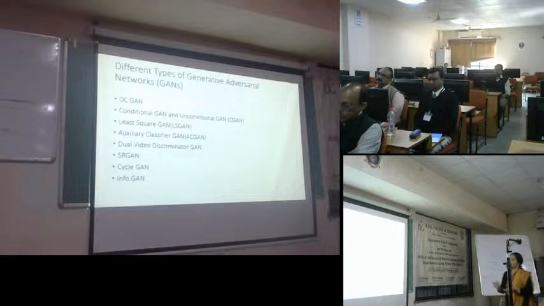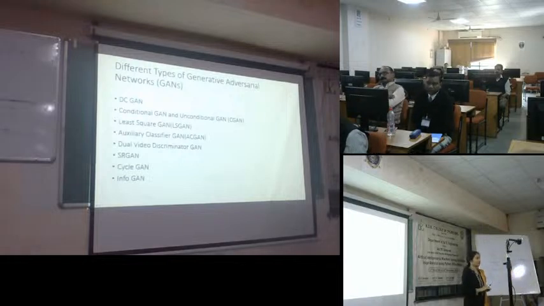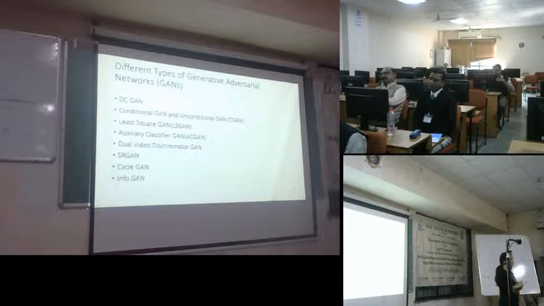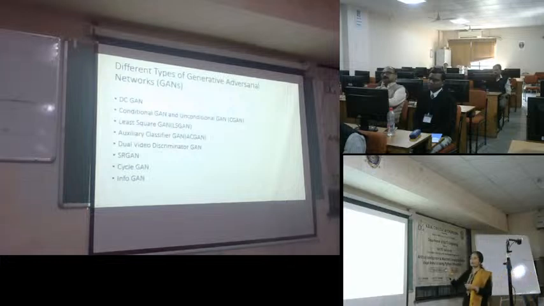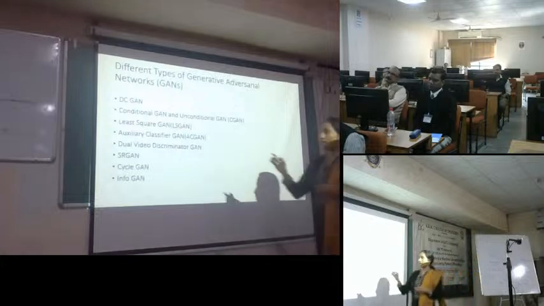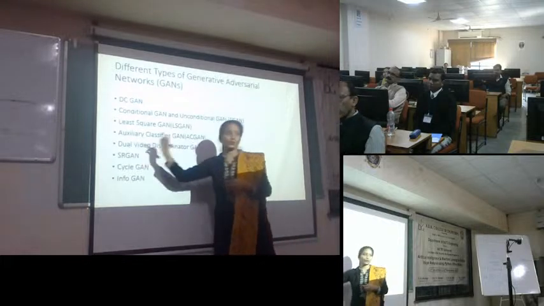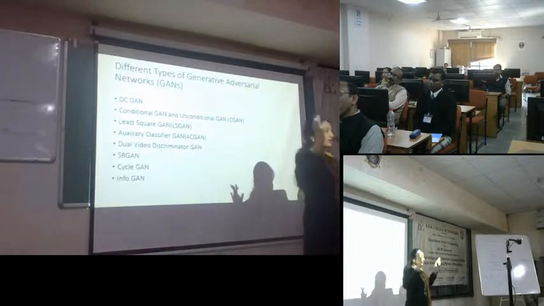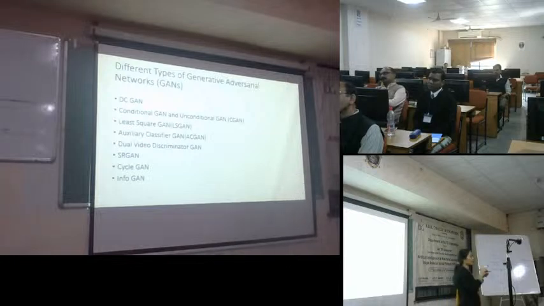Same thing. Then dual video discriminator. There is a video, then what is the meaning of dual? There is a dual audio term, right? So dual video discriminator means when there is a video, and there are some other features associated with another video, we are appending two videos in one frame.